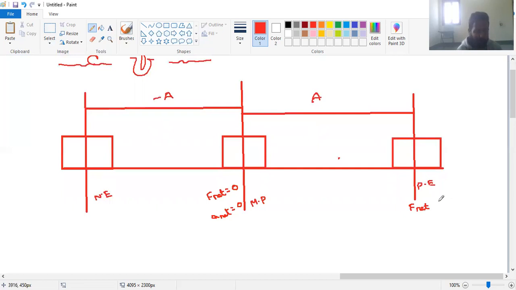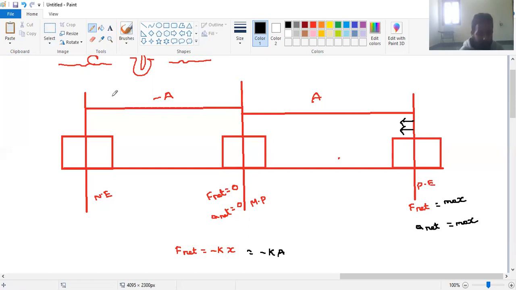But here x becomes maximum, so it becomes amplitude. So here F net is going to be maximum, but in which direction is it acting? When the body is moving in this direction, the force will act in the opposite direction. So F net is maximum in the opposite direction, and a net is also maximum, acting in the same direction.